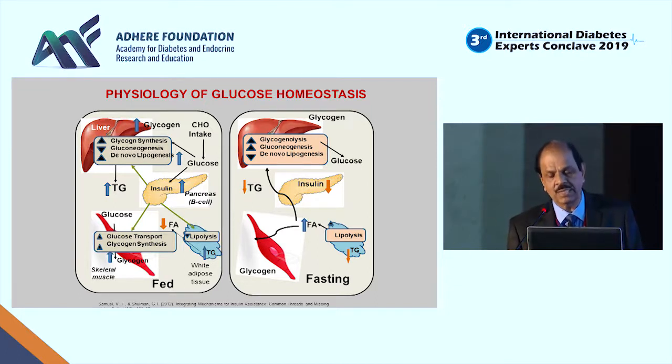In the fasting state, there is an increased glycogenolysis, an increased gluconeogenesis and decreased lipogenesis that occurs in a normal situation. And the fat undergoes lipolysis because there's an enzyme called hormone-sensitive lipase, which is normally inhibited by insulin. And with less insulin, the hormone-sensitive lipase is no more inhibited, lipolysis occurs, and this lipolysis is a source of energy during the phase of fasting or when you're not eating food.